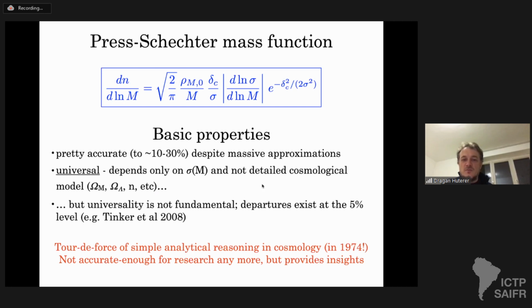You hear about universality, that means it only depends on sigma. More careful studies, in particular this one and the ones later, show that there is nothing fundamental in the universe. It's not a theorem that this has to be universal, so universality breaks if you want a really accurate mass function, say from simulations. But if you're satisfied with this accuracy, they are universal.